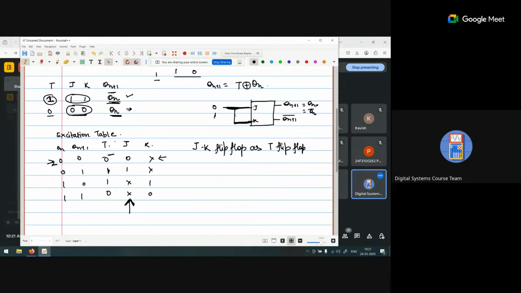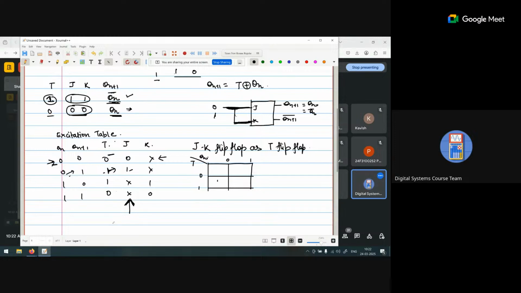Yeah. So if I write down the JK equation, one input is T, one input is Q. J is 1 when T is 1 and Qn is 0. So T is 0, 1, when T is 1 and Qn is 0.